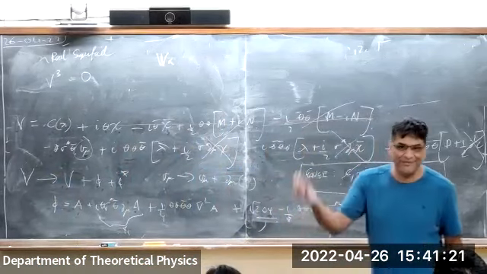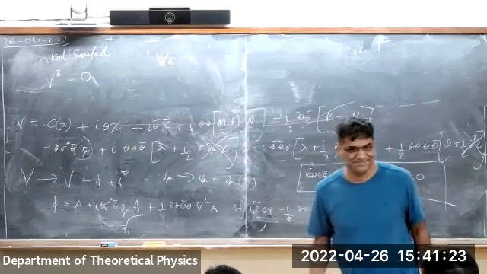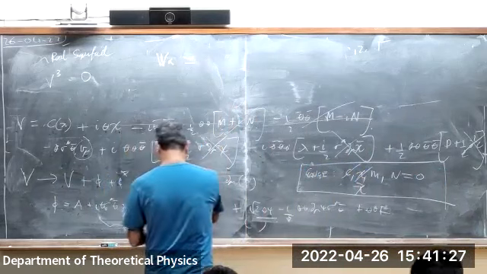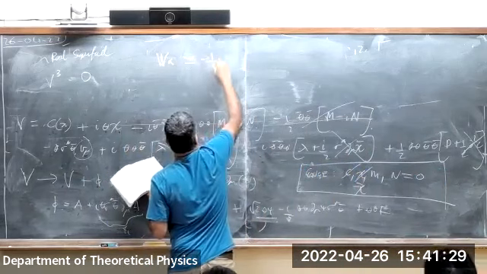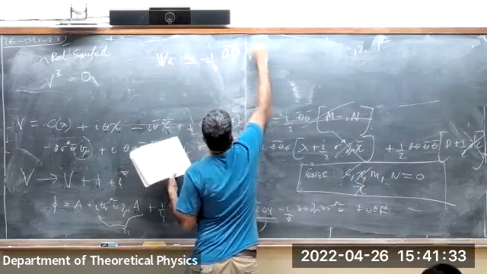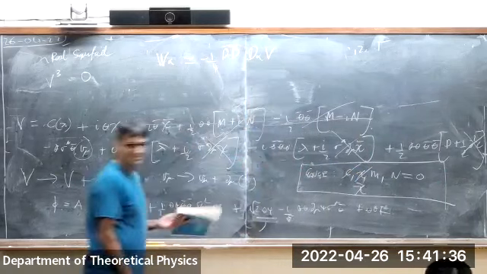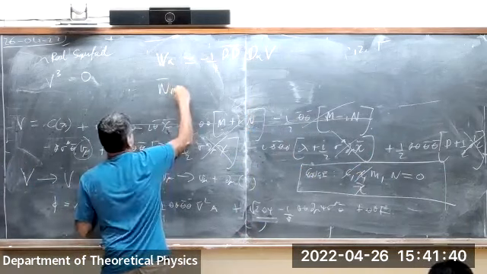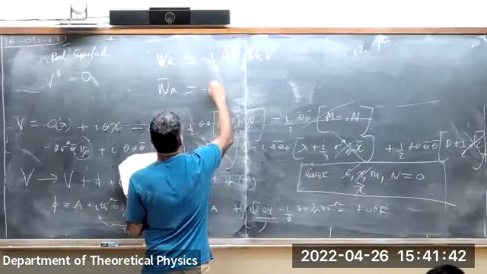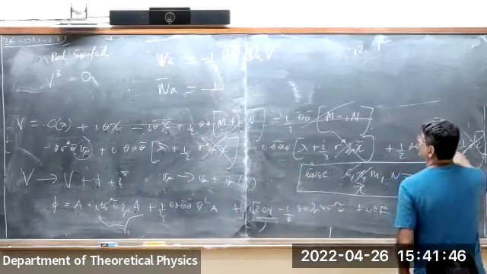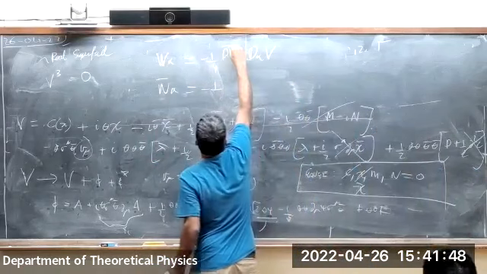The analog of F alpha. This W alpha is defined as follows: it's defined as minus 1/4 D bar D bar D alpha. Similarly, we define W bar alpha dot to be equal to minus 1/4 D D D bar alpha dot.